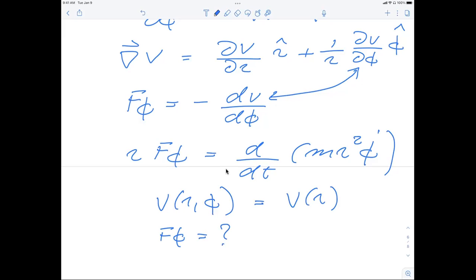So I'm actually sneaking in some kind of repetition here. What happens if we now have a potential which depends only on the radial distance and not on any angle?